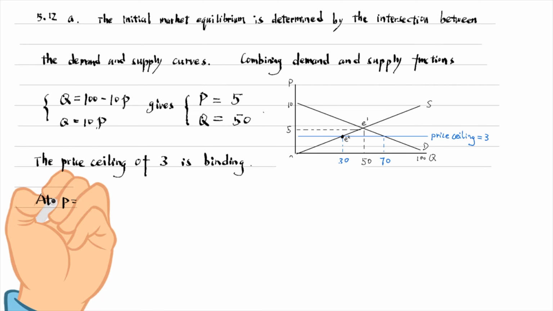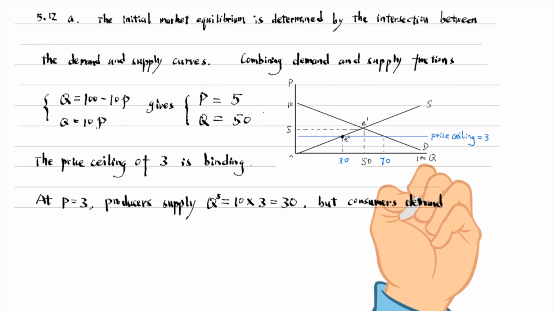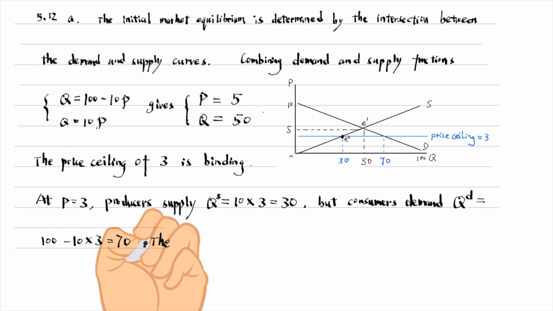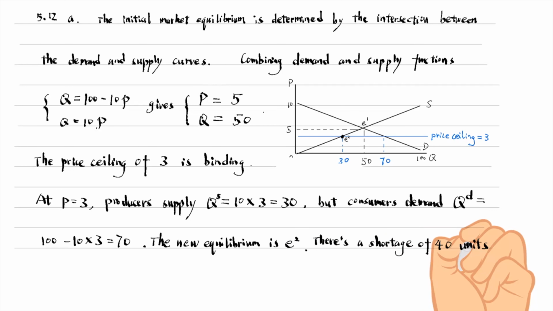At this price, producers supply 30 units, but consumers demand 70 units. The new equilibrium is E2. The price falls from 5 to 3, and the quantity falls from 50 to 30. There is a shortage of 40 units.